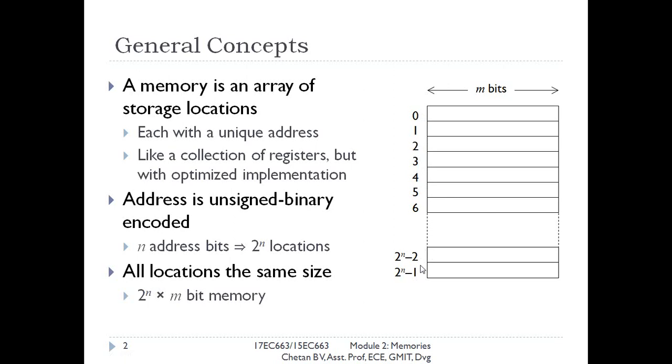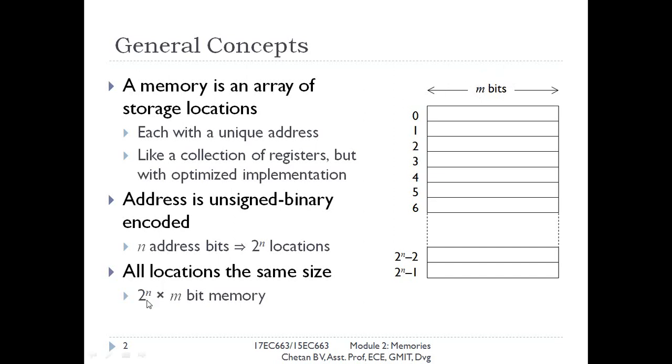Actually, an address is a number which is allotted to refer to a particular location. So the last address is 2 power n minus 1. It means there are totally 2 power n locations. The total number of locations, that is 2 power n multiplied by small m number of bits per location, gives the total memory capacity.